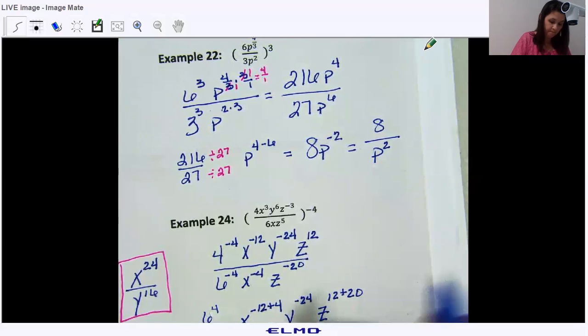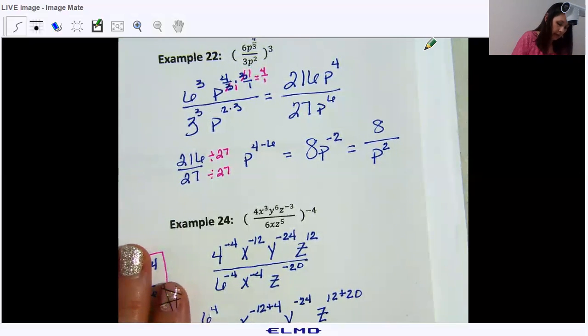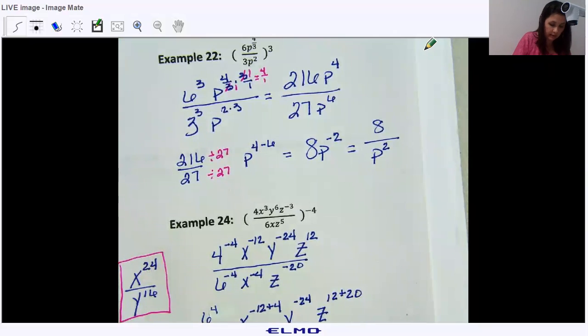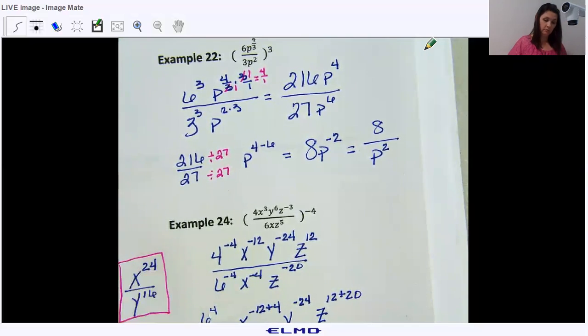I have already done the simplifying on this. When you simplify this out, you end up getting 81 over 16. And then your z can stay on the numerator because it's positive, but I'll need to move my x and my y down to the denominator because they're both negative. So x to the power of 8, y to the power of 24.